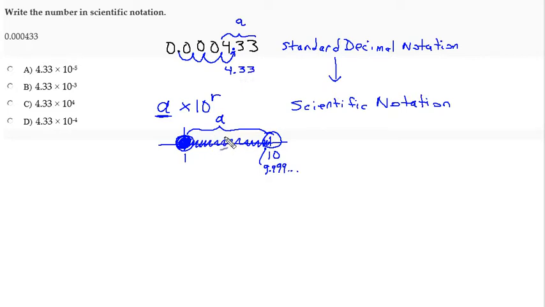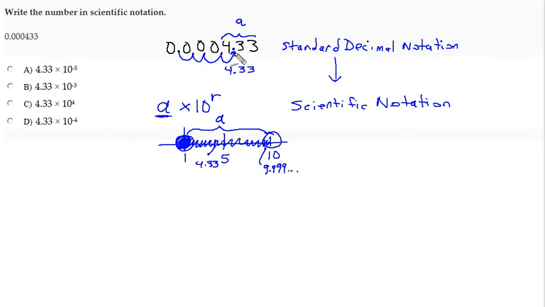4.33 is somewhere around here in this range of numbers. If we go too far with the decimal point, we would have created 43. That would have been way over here on the number line. If we did not move the decimal point far enough, it'd be 0.4, which is between 0 and 1.